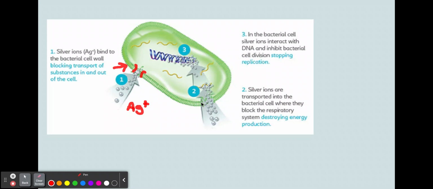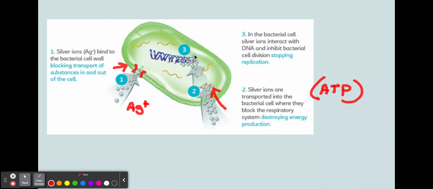Now, if that didn't kill it, the silver ions can also go inside. As you can see, they're going in here, and they can disrupt the respiratory system and stop it from making energy, especially the energy that every living creature needs, ATP, adenosine triphosphate. So silver ions could stop that cellular respiration from taking place.